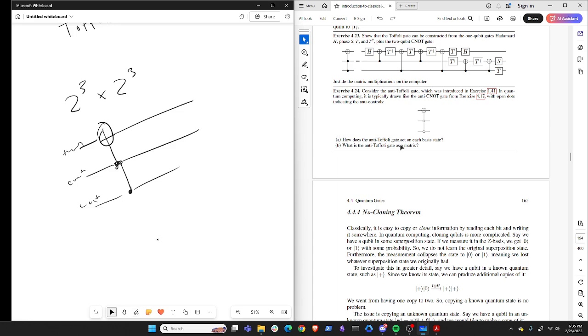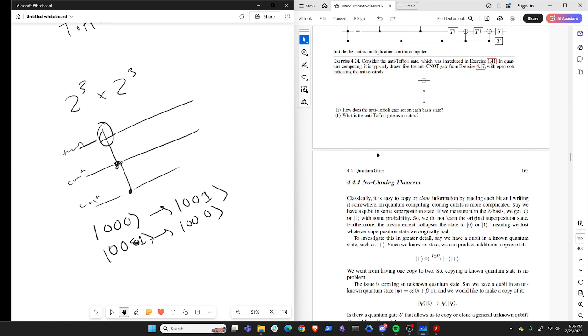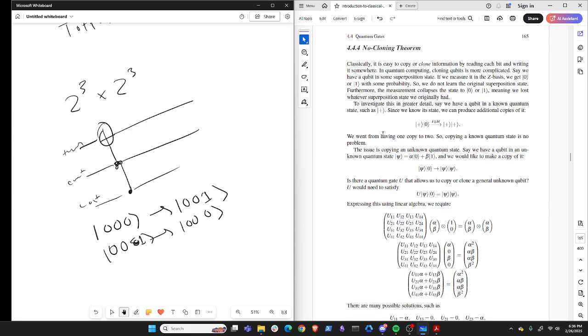So it turns 0, 0, 0, for example, into 0, 0, 1, and vice versa. So it's just conditioned on the first 2 qubits being 0. I'm not going to draw out the anti-Toffoli as a matrix. You guys can do that if you would like, but as far as I'm aware, I don't think we've really used that one.